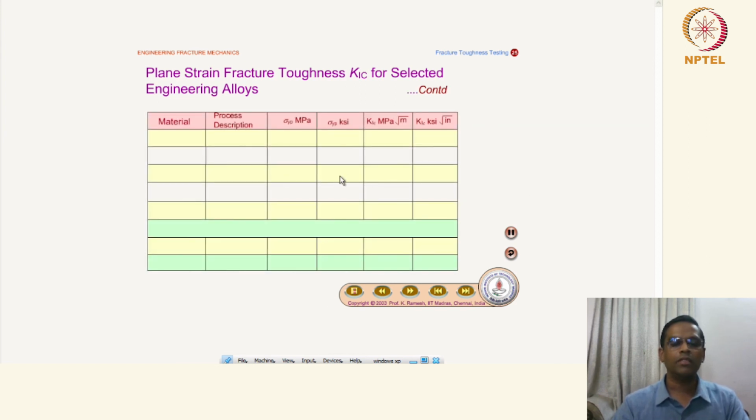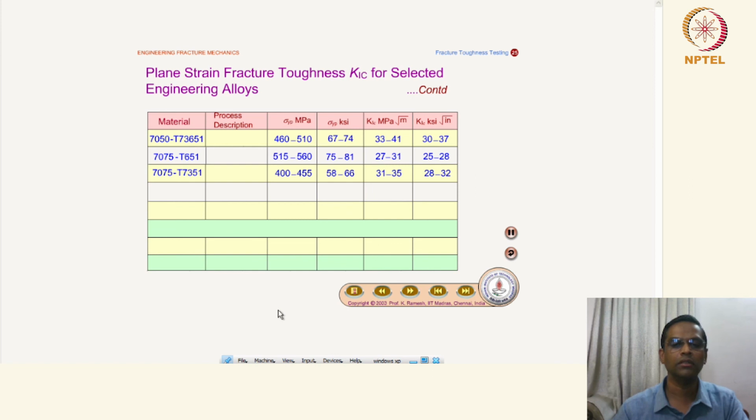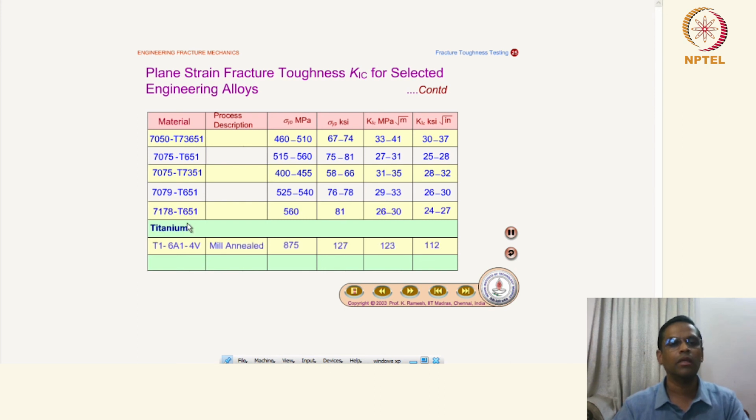This is for the same material with different grades. All these aluminum alloys are typically subjected to different heat treatments, which are not given here because they are quite elaborate.